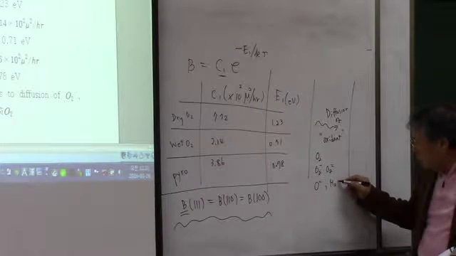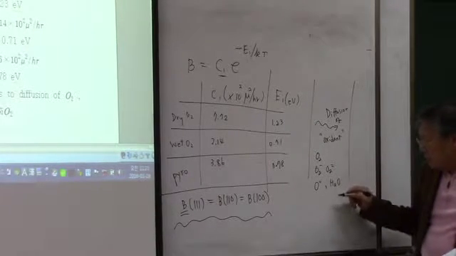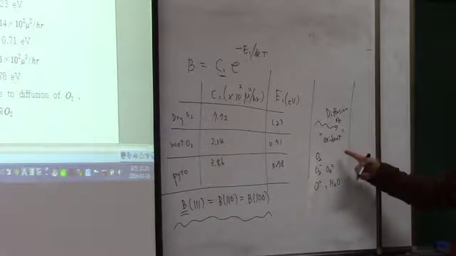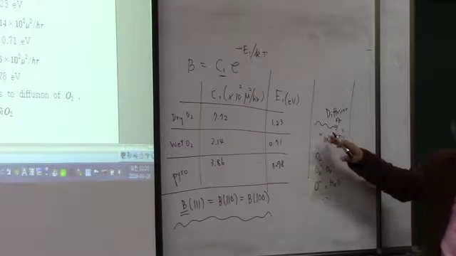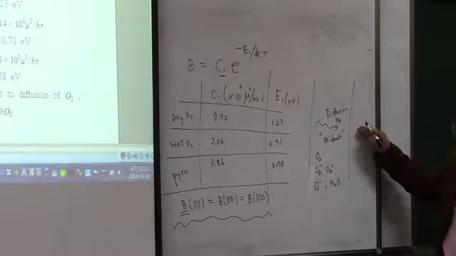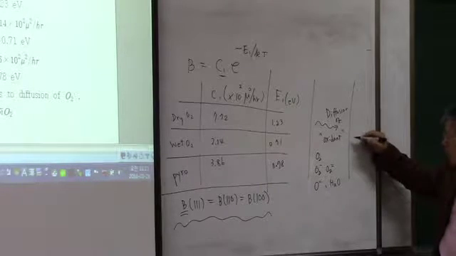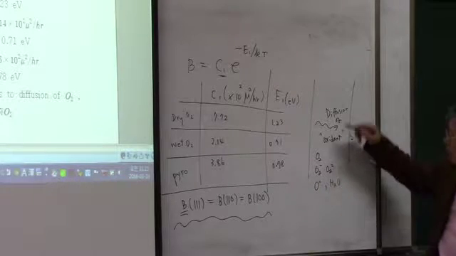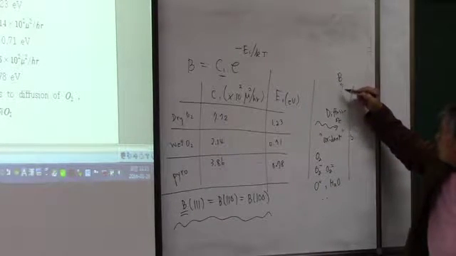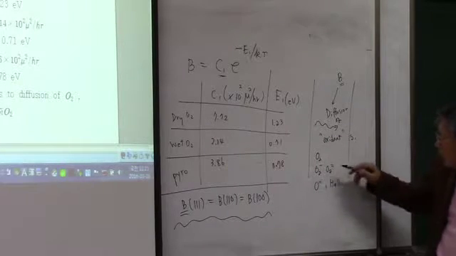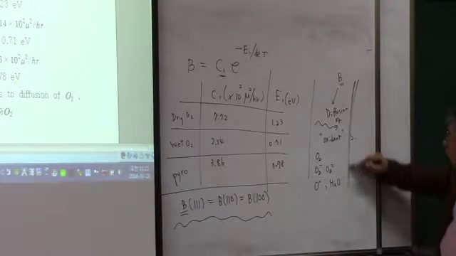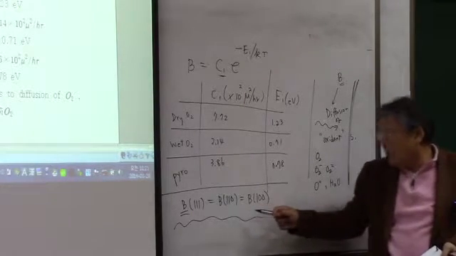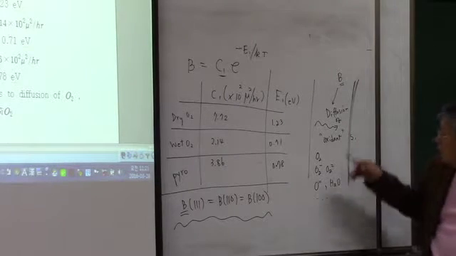It can be something H2O, you know. We don't know exactly what that oxygen is, but something which is going to be used for the oxidation of the silicon surface is going to be called the oxidant. And the rate constant B is related to the diffusion of this oxidant, so it doesn't care what the surface is going to look like, whether it is 111, 100, 110, it doesn't care.